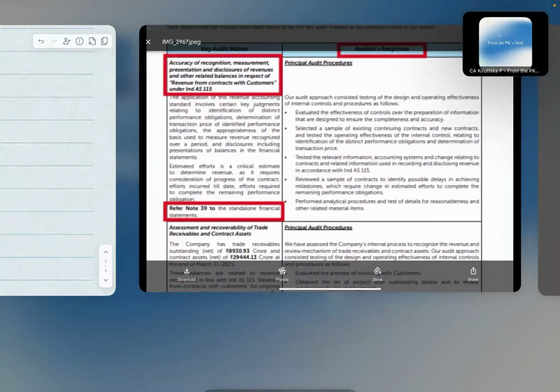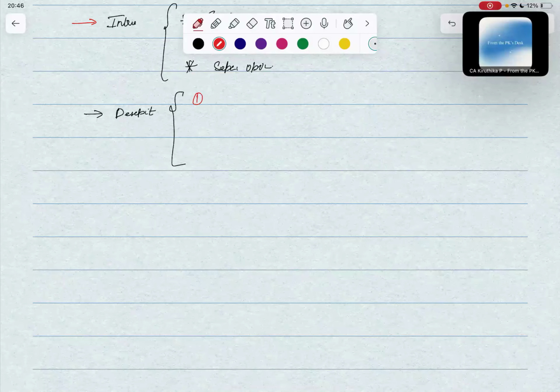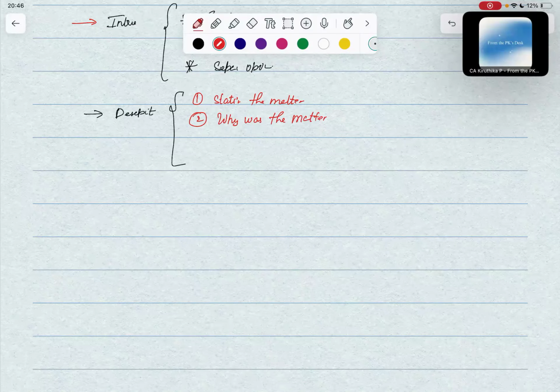So now tell me, what are we including in the description? Number one, we are stating the matter. Number two, we are explaining why the matter was considered as KAM.